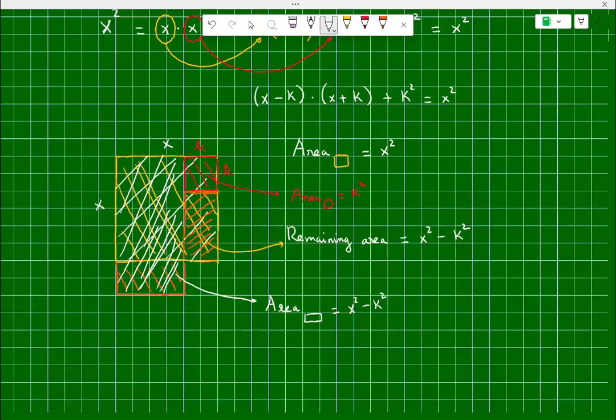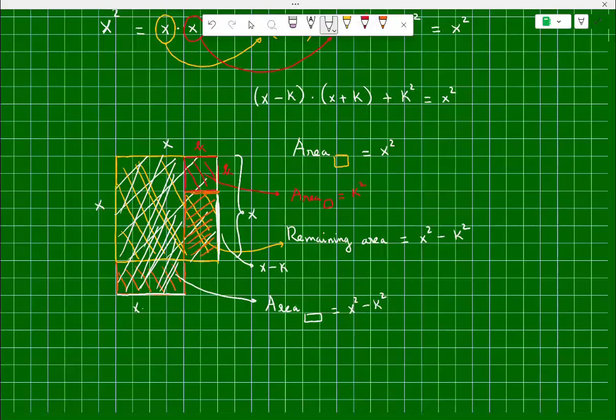The area of a rectangle is the product of its two sides. Let's think about the two sides of the rectangle I just got here. This side over here is the same as this side here. And this side here, what is it? Well, this whole thing here is x, and this part here is k, so this side will be x minus k.